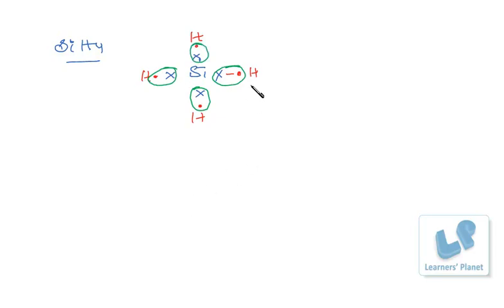Now let's count. With silicon, 1, 2, 3, 4, 5, 6, 7 and 8. So silicon now has 8 electrons in its outermost shell, or the valence shell. And what about hydrogen? Hydrogen has 2 electrons.